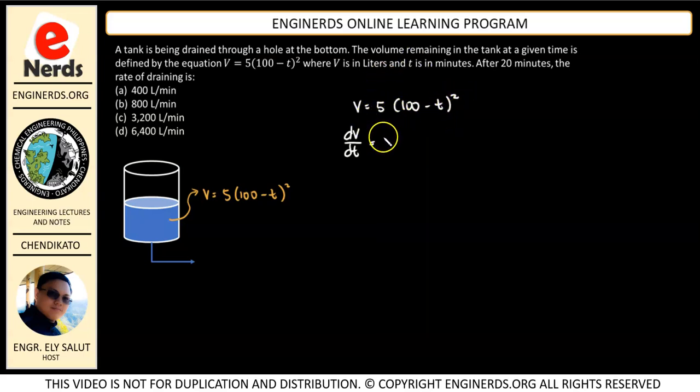Okay, so 5 is a constant, so we will have 5. Then the derivative of 100 minus T squared will be 2 times 100 minus T. Okay, 2 minus 1 will be 1.